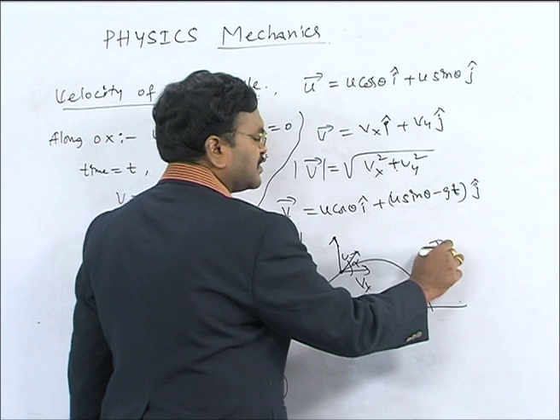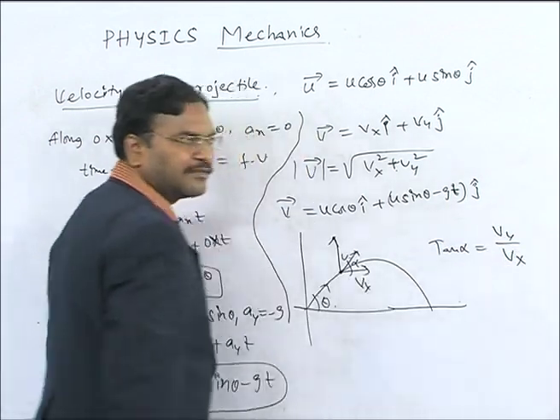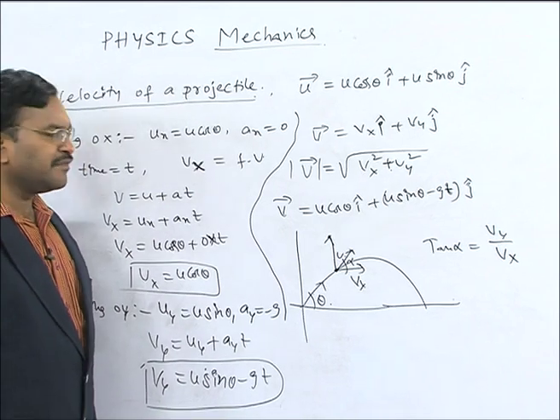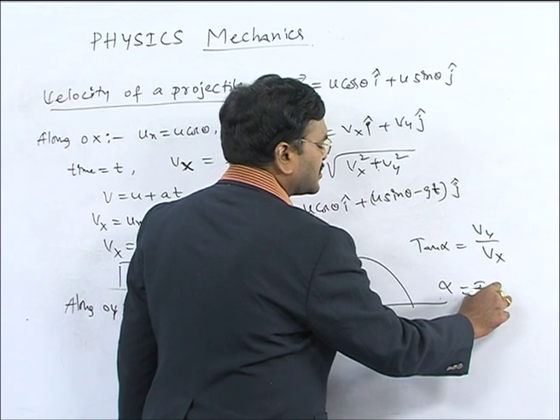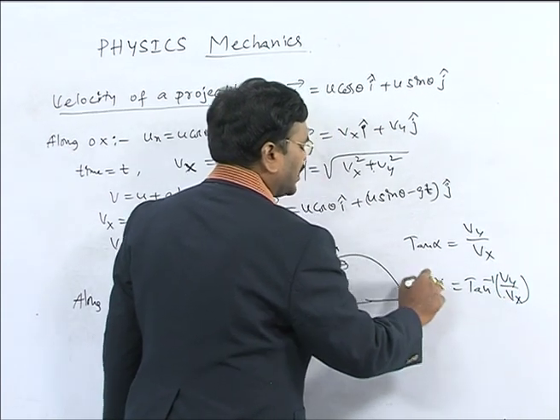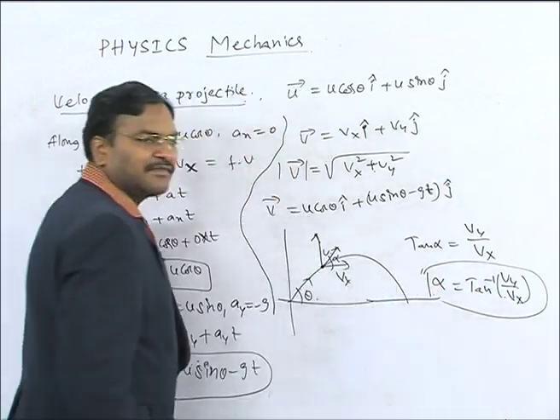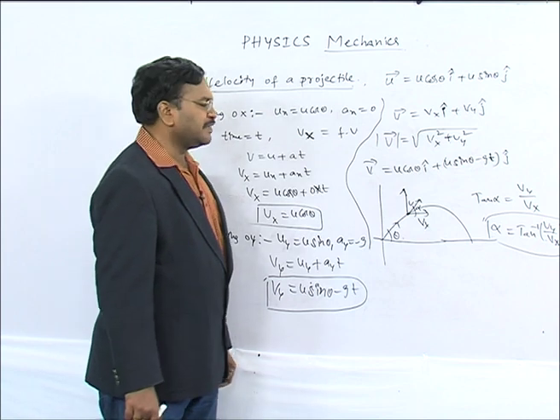Now tan alpha is equal to Vy by Vx, so alpha is equal to tan inverse Vy by Vx. Alpha gives the direction of velocity after time t seconds.